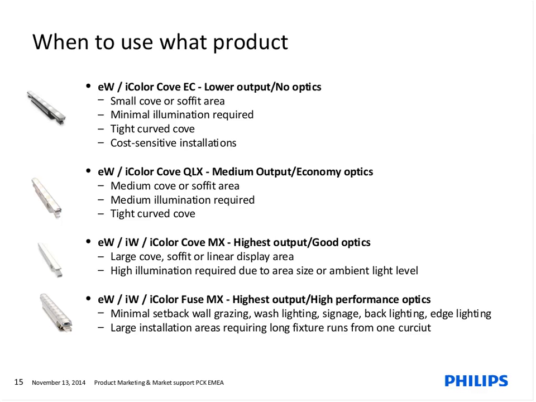So if the fixture is available in essential white, it's also available in essential color, the stable color version. And the Cove MX provides you the high lumen output and good optics. So you use it when you have a large cove area or a linear display area, and you need to have a high illumination level and or ambient light level.